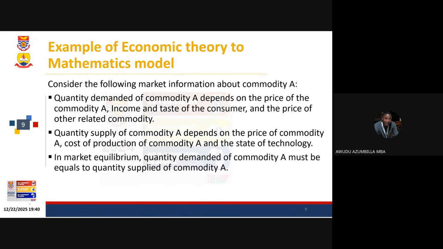Then the last one is that in market equilibrium, quantity demanded of a commodity A must be equal to quantity supplied of commodity A. This is what we call the equilibrium condition, where quantity demanded should be equal to quantity supplied at the market level. And that is what you call the equilibrium condition. These are all ideologies. These are all people's set of principles.